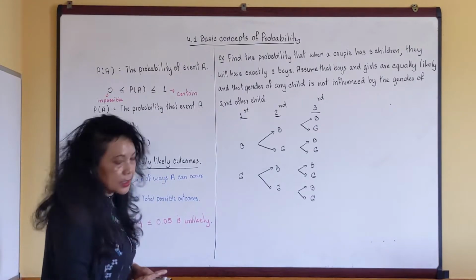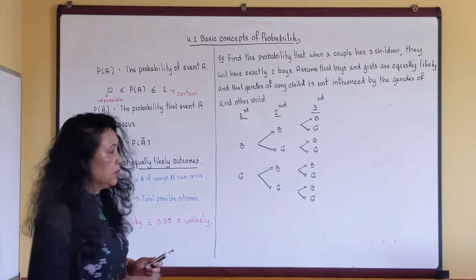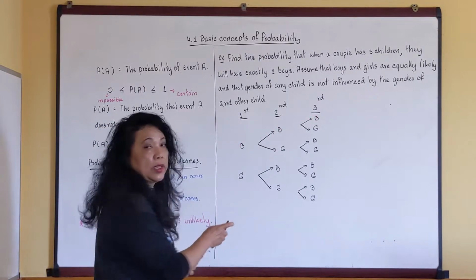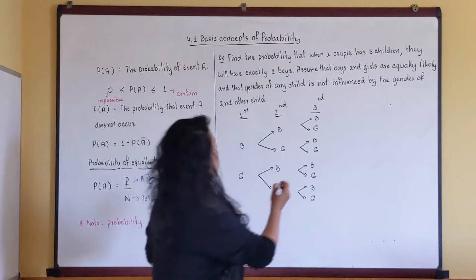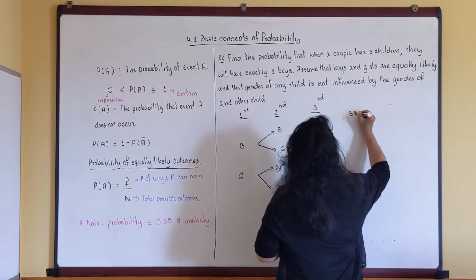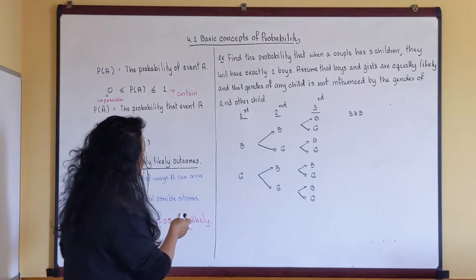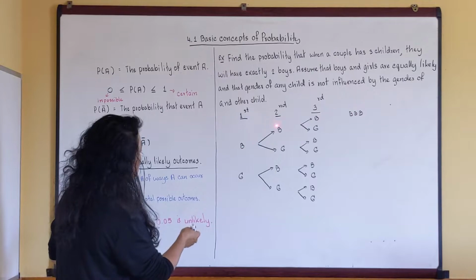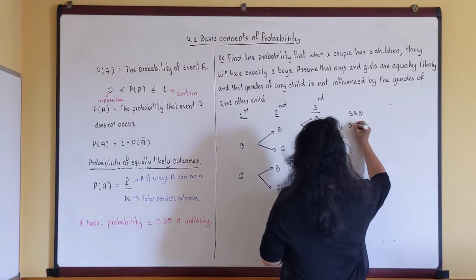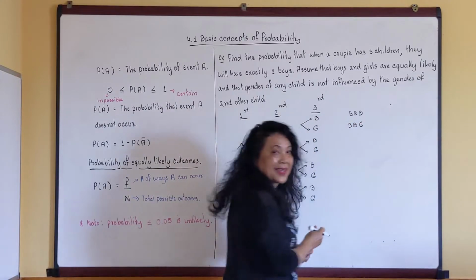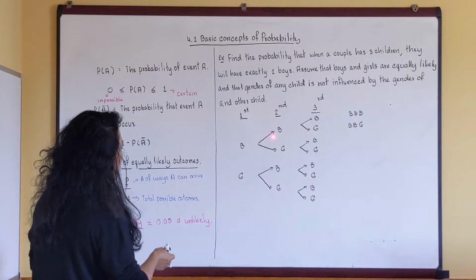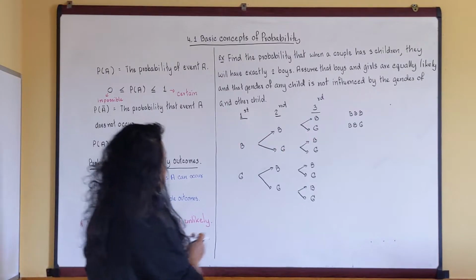So let's follow the arrows here. You can have boy, boy, boy, which means all of them are boys. Or you can have boy, boy, girl. Next one, you can have boy, girl, boy.